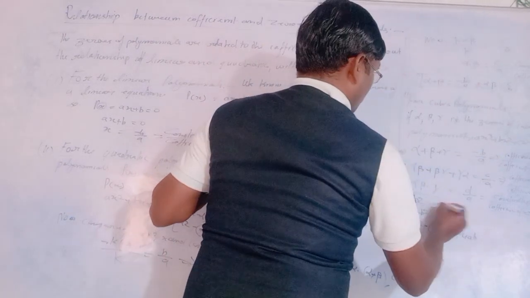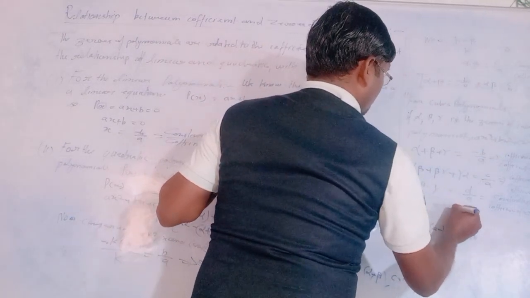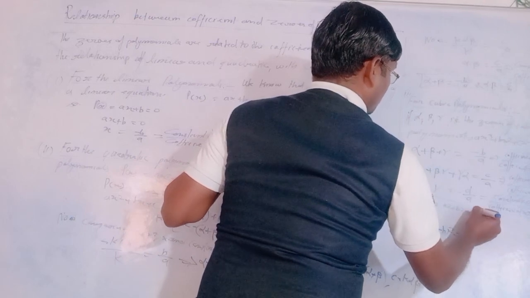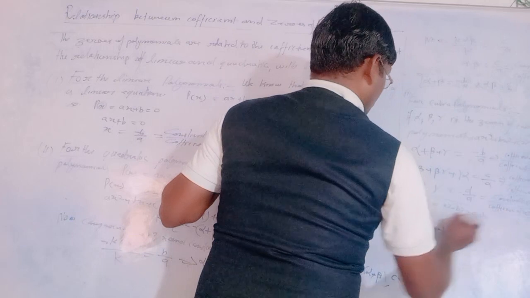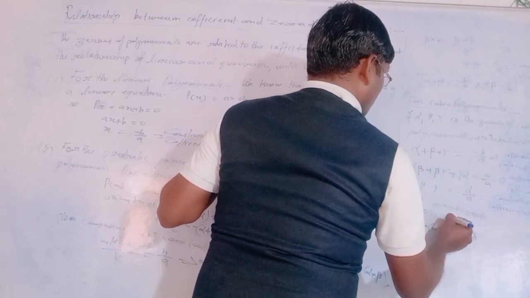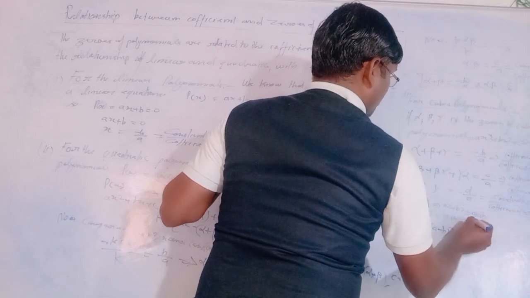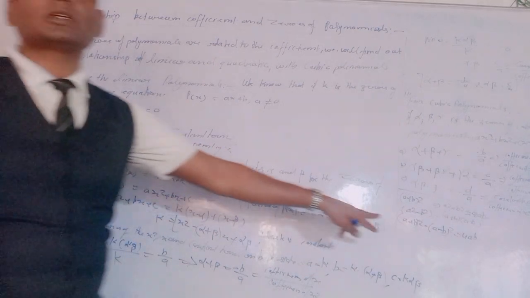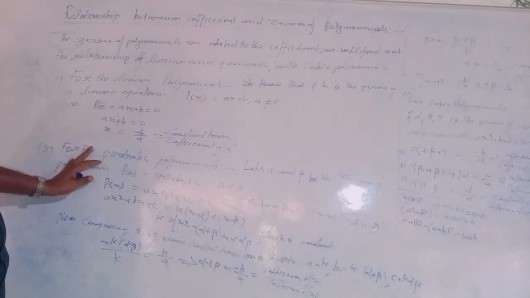It will be a square plus b square plus or minus 2ab. Okay, here are a square, a plus b and a minus b. These are the three equations I have given you, so that you can understand and solve the different related questions here.